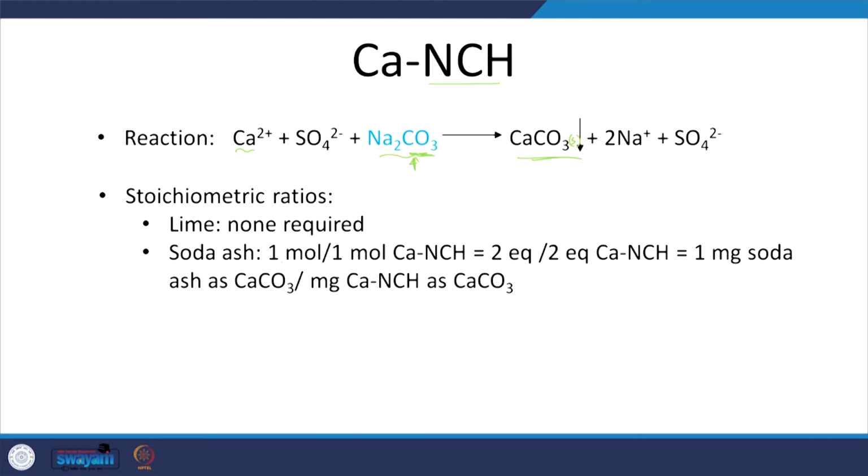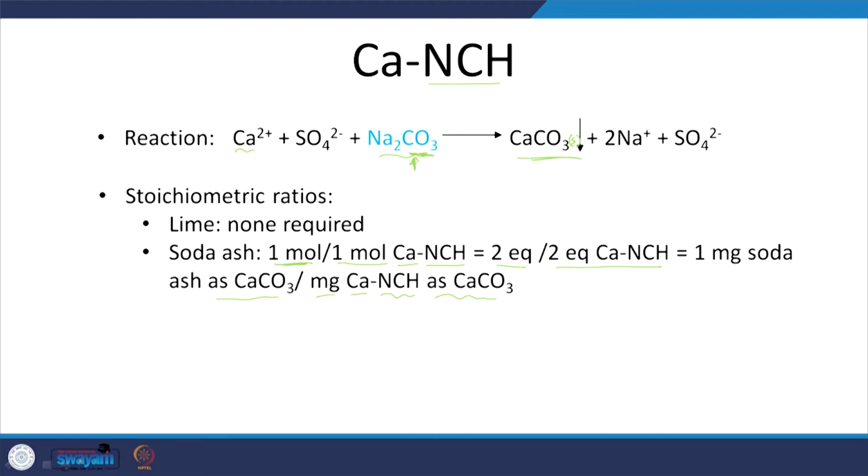And what is it now? We have 1 mole of soda being added for 1 mole of calcium associated with the non-carbonate hardness. So 2 equivalents per 2 equivalents, and thus 1 milligram of soda ash expressed as CaCO3 per 1 milligram of calcium associated with non-carbonate hardness expressed as CaCO3, right? Again, typically note that we add units in terms of CaCO3.